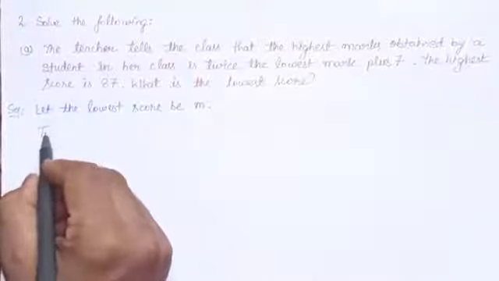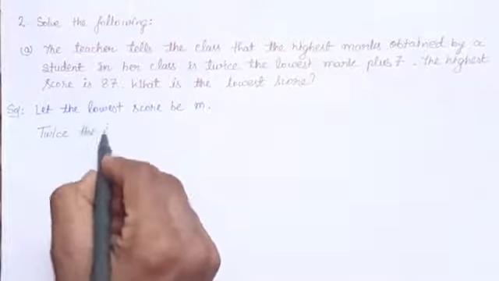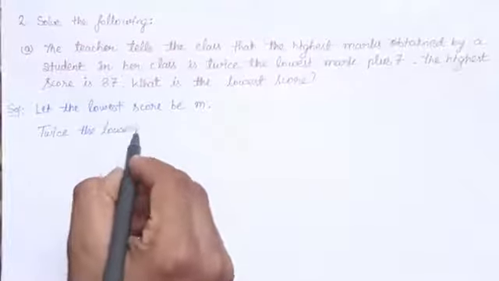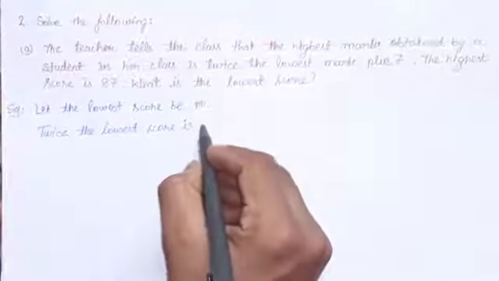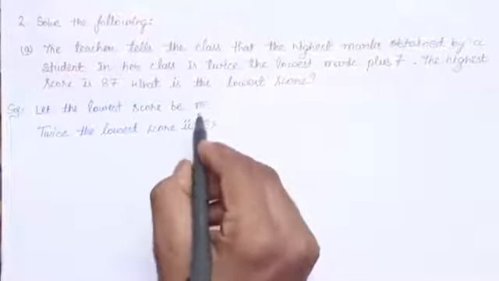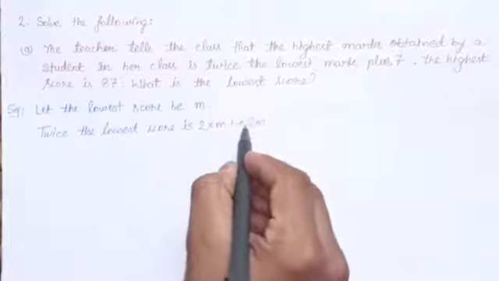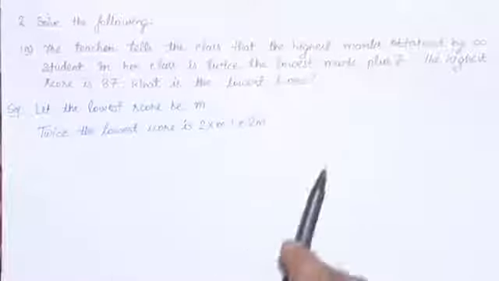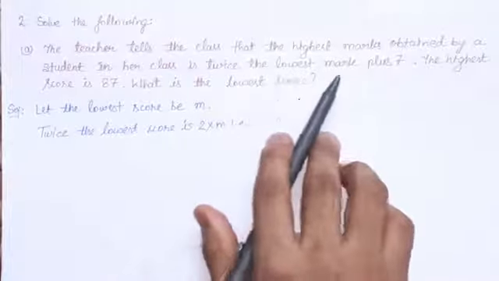So twice the lowest score is 2 into m, that is 2m. Okay. Now we have to add 7 to the twice of the lowest one.